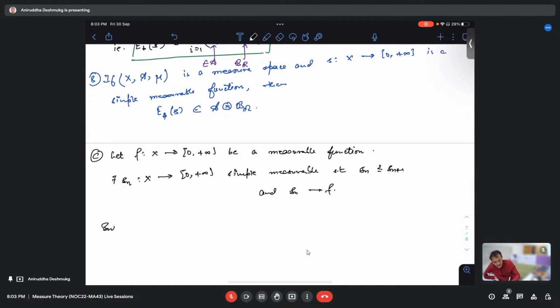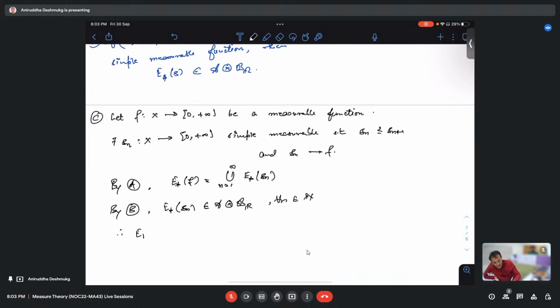But then by this result A, E lower star of f is the union of n from 1 to infinity of E lower stars of S_n's, and by B, E lower star S_n is inside A cross the Borel sigma algebra of R for every n.